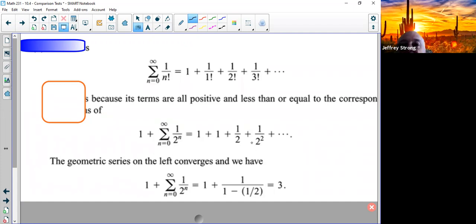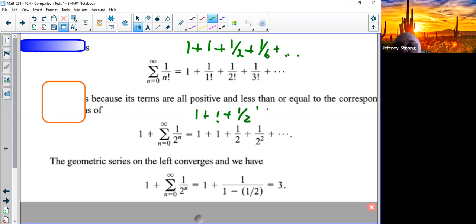Okay. So let's write these up again. So this is like 1 plus 1 plus 1/2 plus 1/6. All right, and then this one is 1 plus 1 plus 1/2 plus 1/4. And you can go on. And so you can see for the first few here, they were equal.